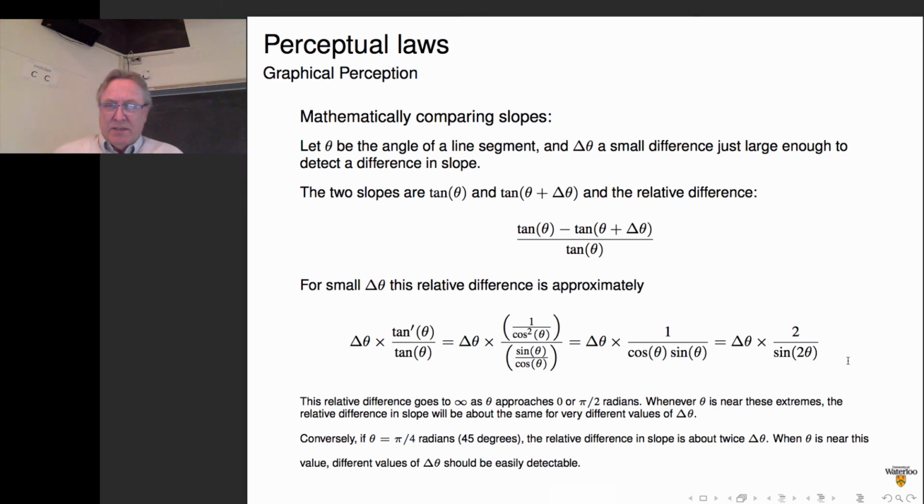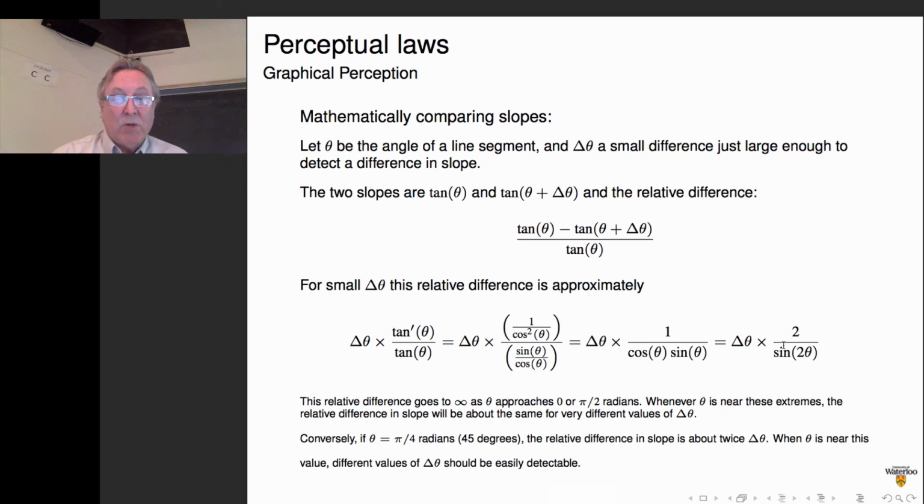And what that means is that this thing is going to blow up, right? If theta is 0, this thing's going to become infinite, right? So if it's near 90 degrees, it's going to be infinite.